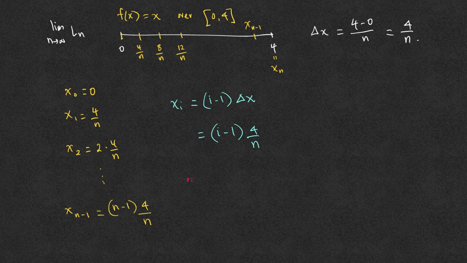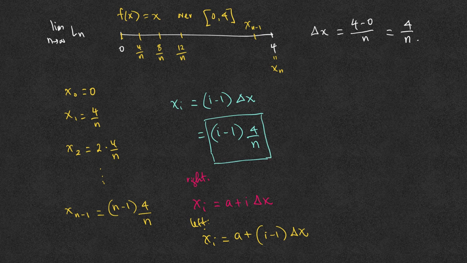Before, using the right endpoint, we have x sub i equals a plus i delta x, but we can think of it that we shift it to the left, so that now if we use the left endpoint, then x sub i is a plus i minus 1 times delta x, a being 0 in this case, and again delta x is 4 over n. But regardless, we would need to use x sub i equals i minus 1 times 4 over n to set up the Riemann sum.